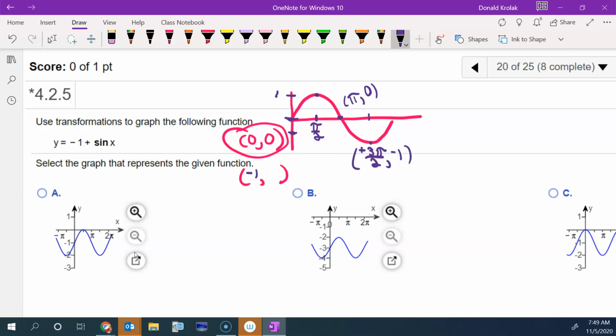If I took this point right here, this blue point, and I slid it one place down, what's its new coordinates? That's at 0, 0. Now I'm moving it to here. What's its new coordinates?